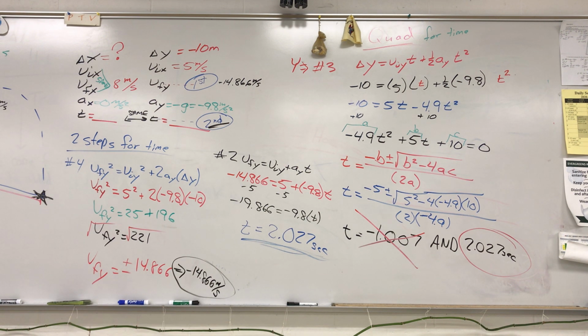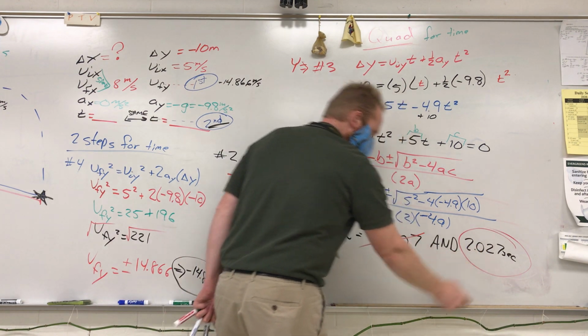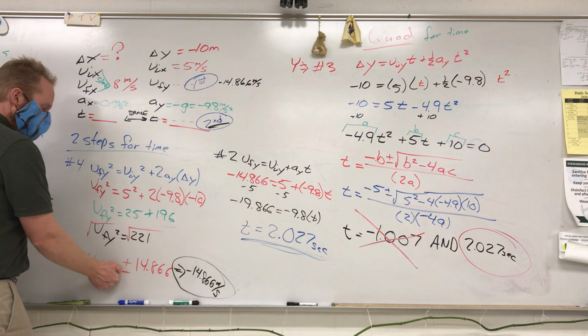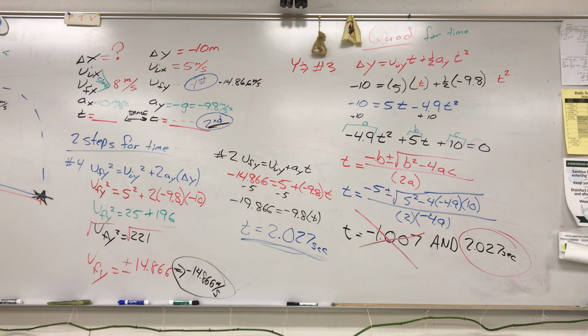And I know, we're like, well, yeah, I know. But notice how we solved it quadratically. We got time. We solved it doing 2 steps. We got time. There is a third option, and on the homework it references it, and I'll come back to that on the homework.